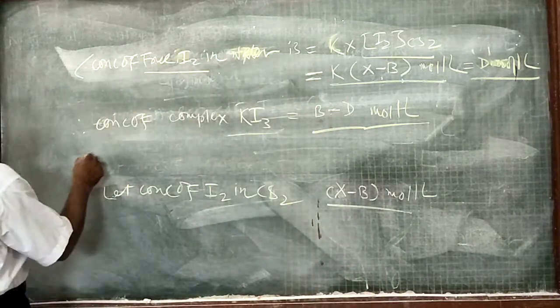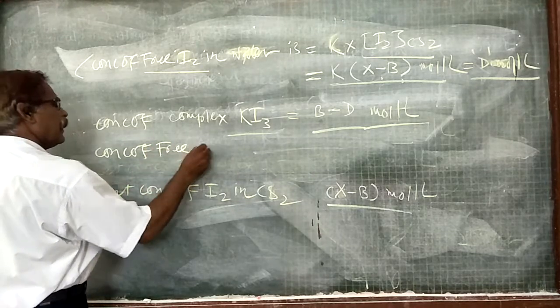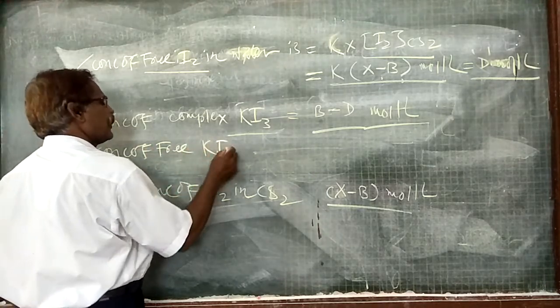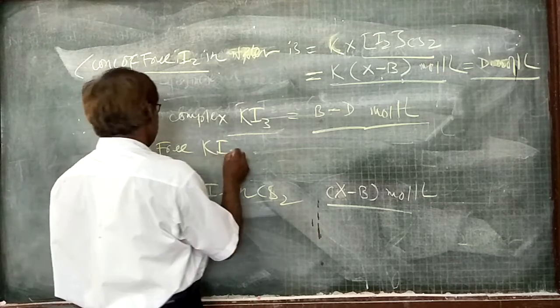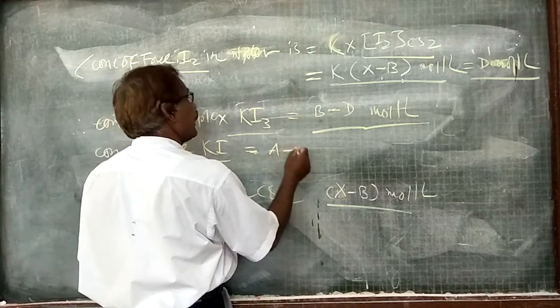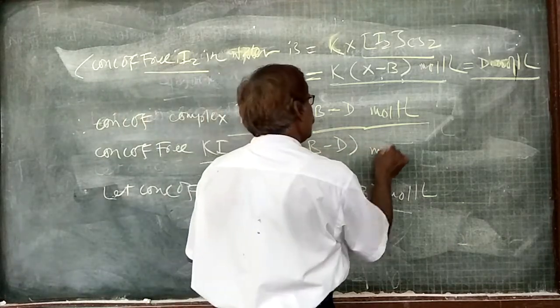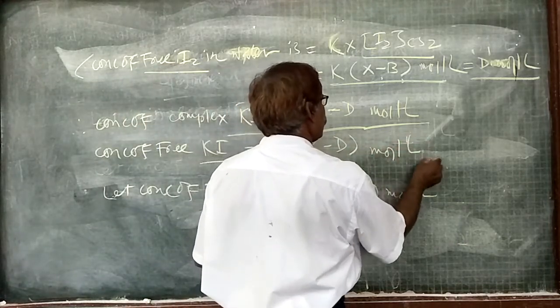So the concentration of free KI at equilibrium will be equal to A minus B minus D moles per liter.